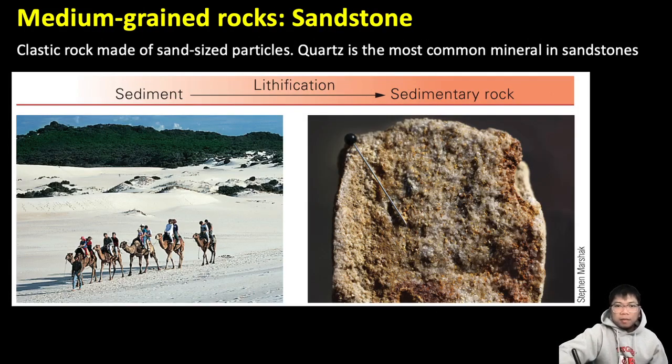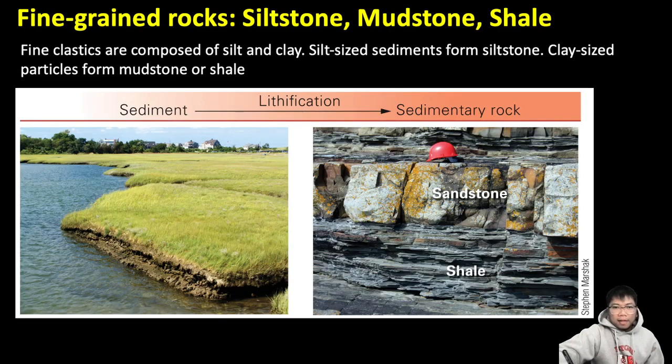The next one is medium grain rocks, and the example would be sandstone. This is a type of rock that consists of particles that are mostly sand size, and those particles are mostly quartz. And the last group is called fine grain rocks, and we have three types of rocks here: siltstone, mudstone, and shale.